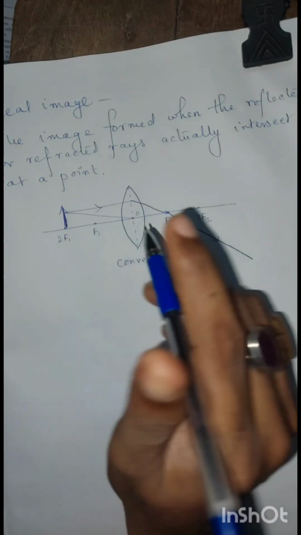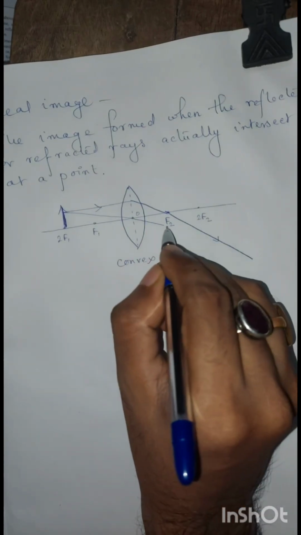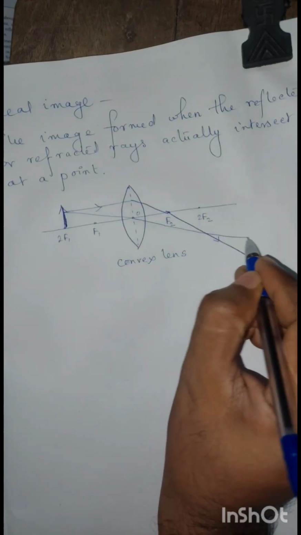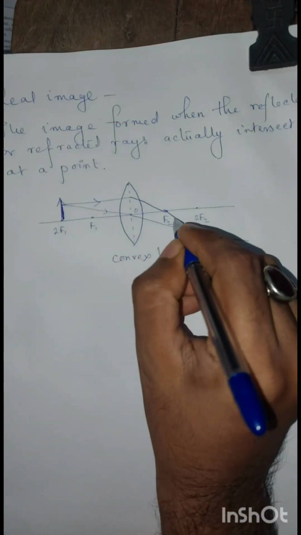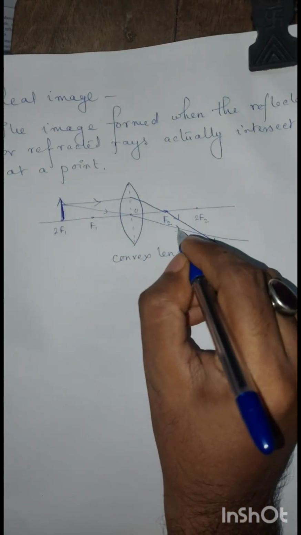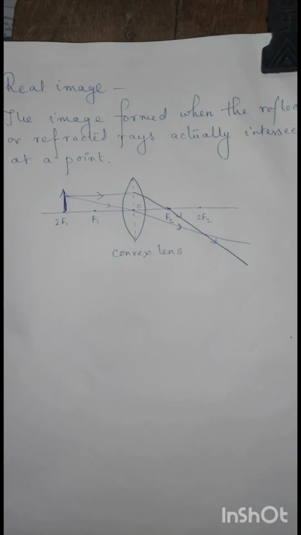This is a point to be noted. So it will not change its direction, so it will go straight. So these are our two rays coming out of that object.